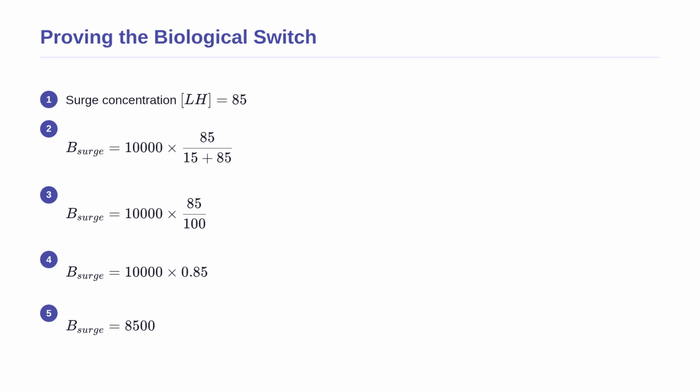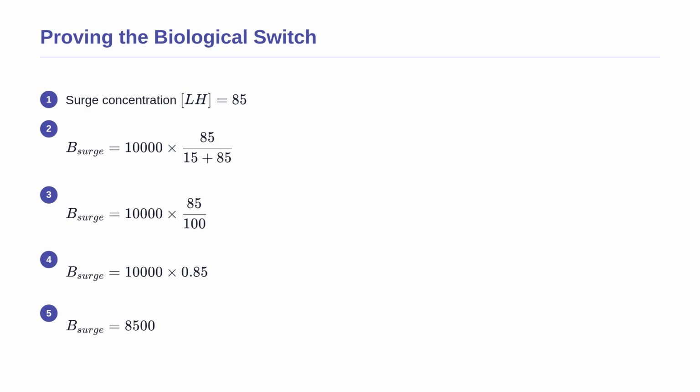So we have seen the resting state. This brings us to proving how the surge acts as a biological switch. We now evaluate the situation during the massive LH surge, where the concentration spikes to 85 units. We substitute 85 into the equation.